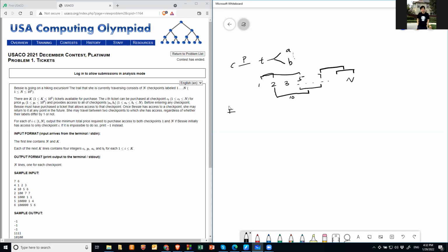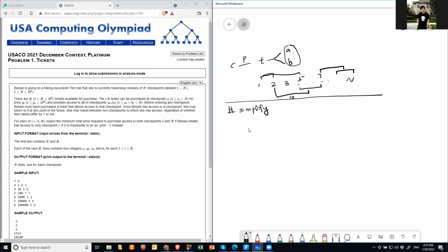As we mentioned before, the first step is always to simplify. Let's find something that we can solve easily. In this case, this is a little bit more difficult. How about what if A equals B, meaning I can only go to one place?